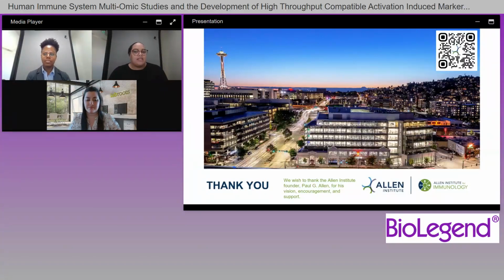Some of the things to remember with this platform is that you've got exposure times to deal with. So starting out relatively high and then titrating that exposure time down is the way that we developed those panels, and we got really surprisingly good results from it, what we were expecting, that looks similar to flow.